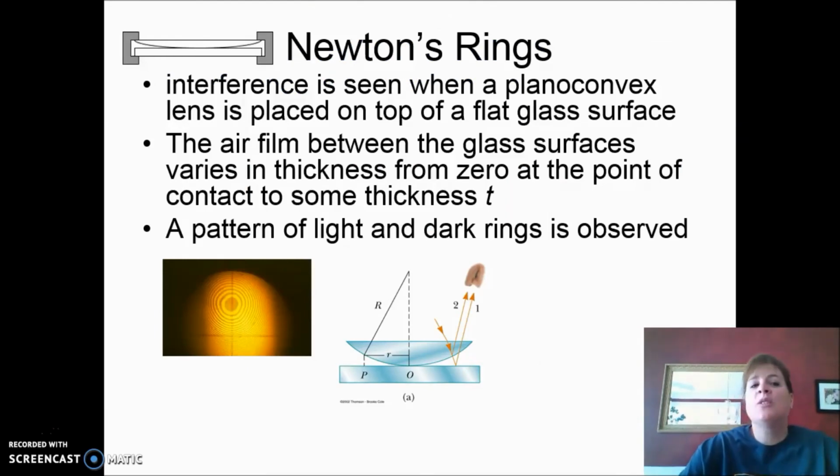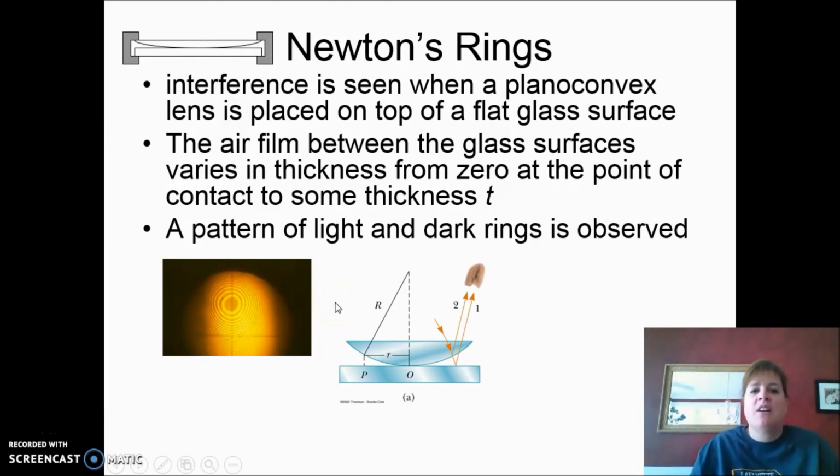There's also something called Newton's rings, and Newton's rings are also thin film interference because what I have is a glass lens, a plano convex lens. We're going to talk about lenses next week, I think. It has a little circular lens on a flat plate, and when you look at it, you actually see rings.